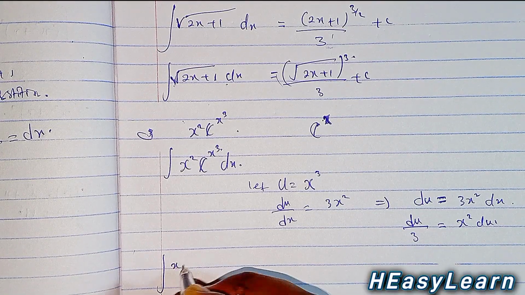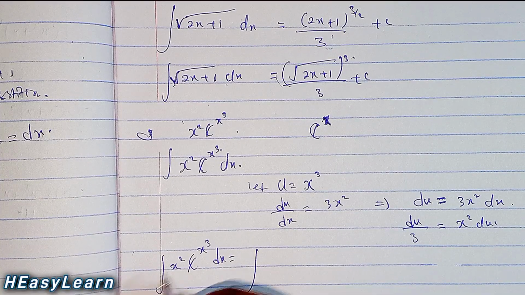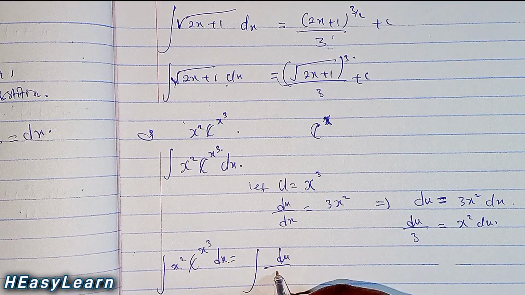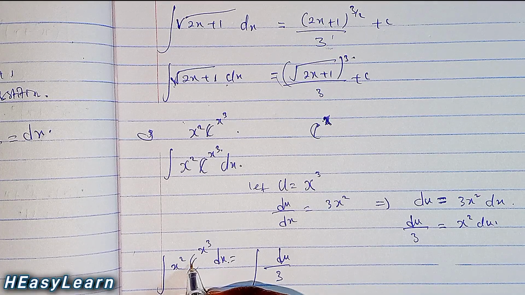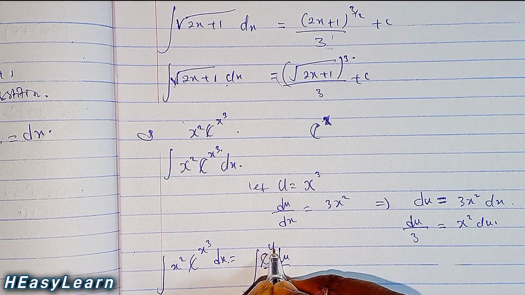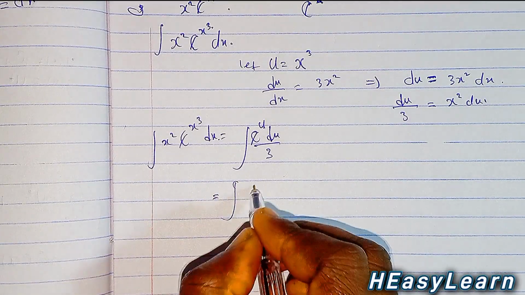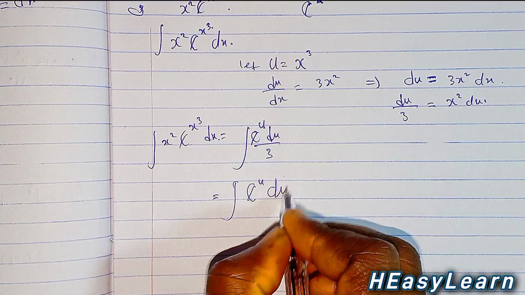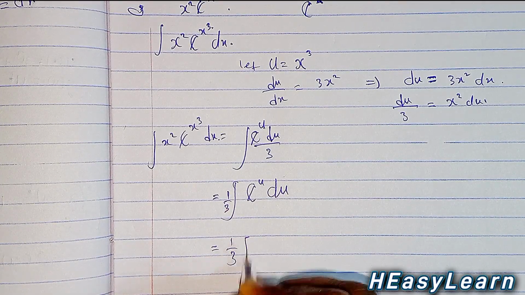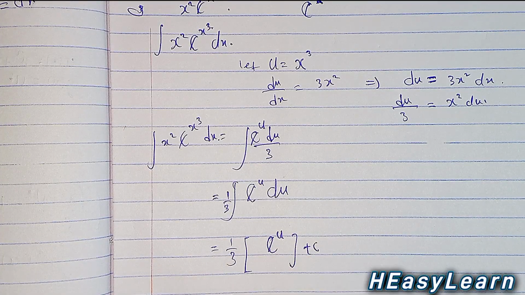So the integral of x squared exponential x to the power of 3 dx is the same thing as x squared dx is now du divided by 3, multiplied by what is exponential x cubed? It is exponential u. This is the same thing as the integral of exponential u du, where 1 over 3 is a constant. What is going to be the integral of this function is exponential u plus a constant.